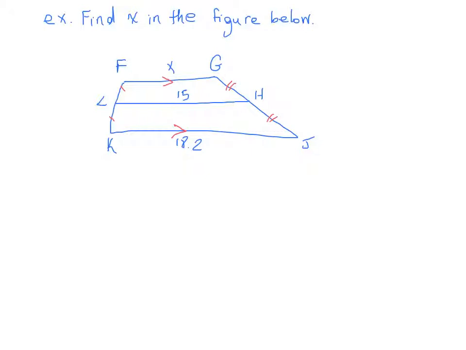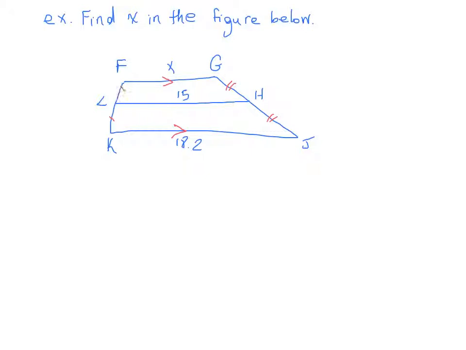Before we even get started here, we need to make sure it's a trapezoid. And it is in fact a trapezoid because this line is parallel to this line, and these two lines are clearly not parallel to each other. Since we know it's a trapezoid, that's a great first step. Next step is to make sure that we're dealing with a mid-segment here.